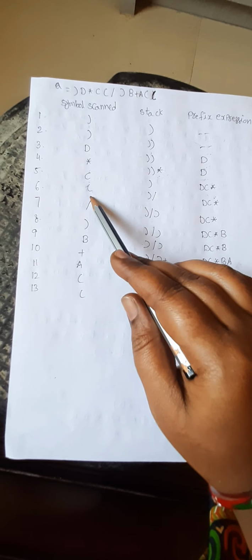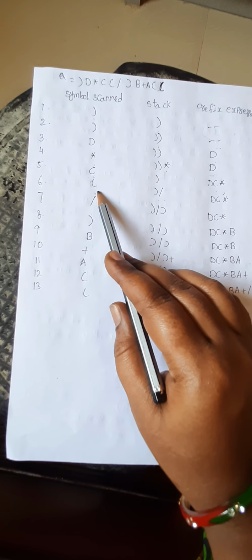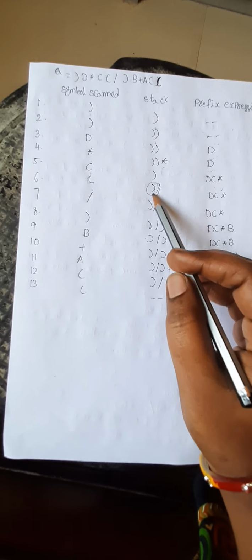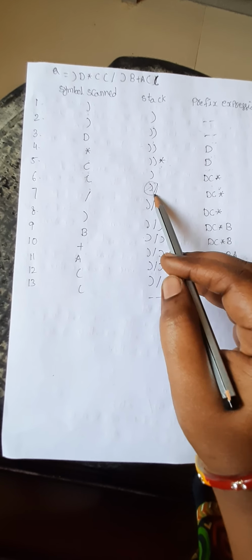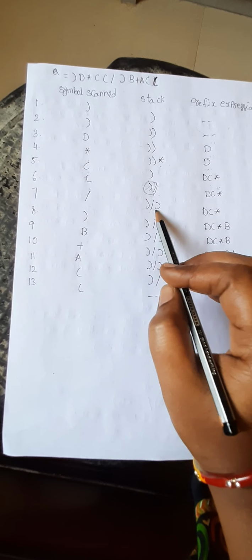And after that again an opening brace is there, and again a closing brace has been encountered, and the division symbol, so whenever the closing bracket has been scanned, automatically that will be popped from the stack, so it contains only the division symbol. Here it was closed, and in this prefix expression it contains DC multiplication.